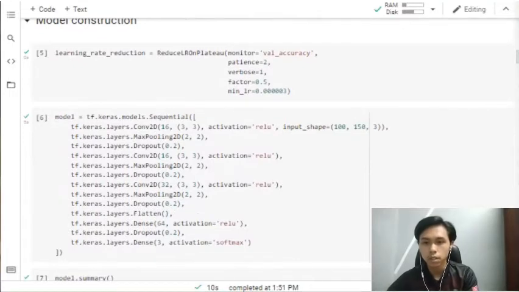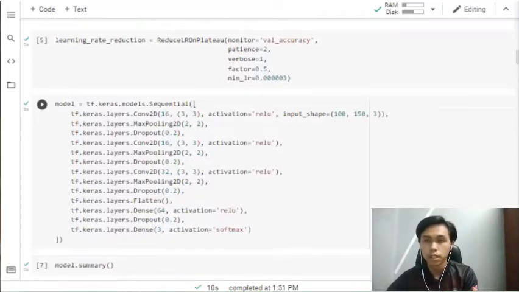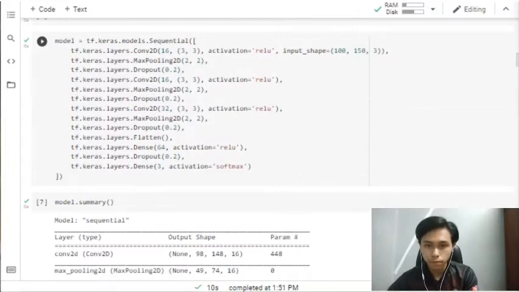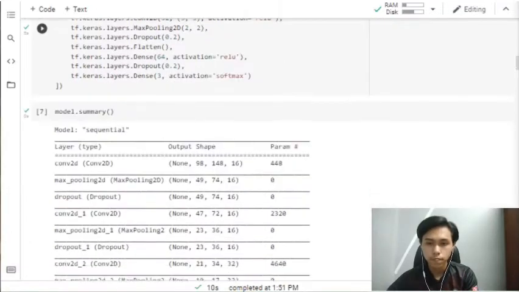Next, we construct the actual model. The learning rate reduction function was used with the minimum learning rate of 0.000003 to avoid overfitting and fast learning. Convolution 2D, max pooling 2D, dropout, flatten and dense layers were used in the actual model, using ReLU and softmax activation functions.